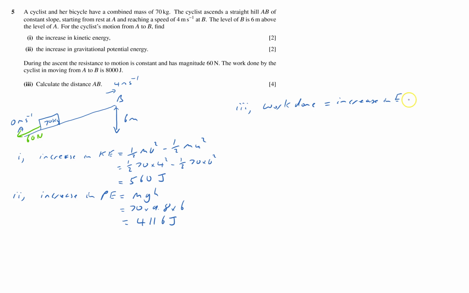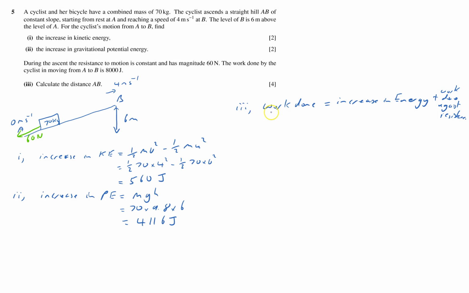And here we're going to have both the kinetic energy and the potential energy. But also, the work done by the cyclist has got to counteract the resistance. So I'm going to have plus the work done against resistance.